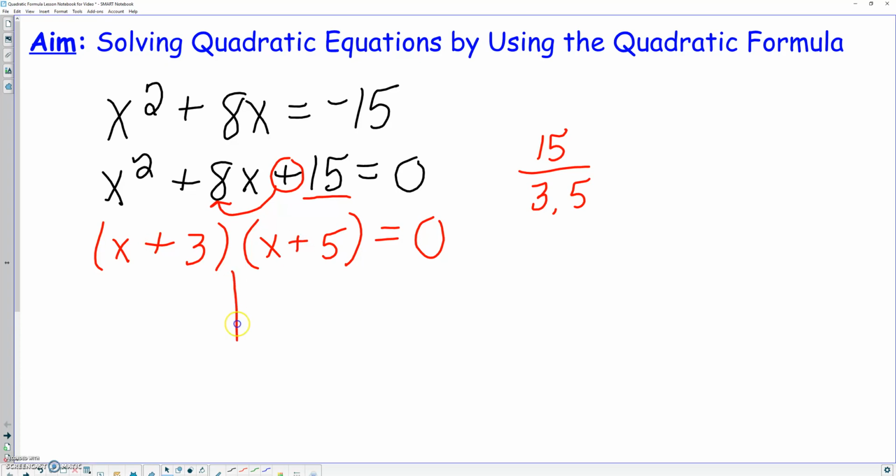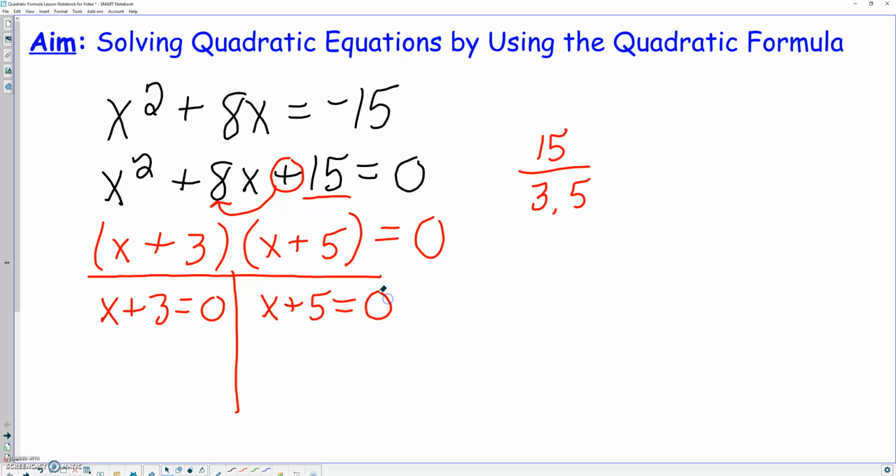Once I factor completely, I'm going to set each factor equal to 0, or make a t-chart, and then we solve those resulting equations. Our two solutions are x equals negative 3 and x equals negative 5.